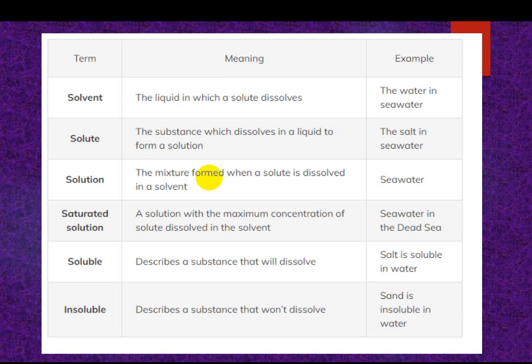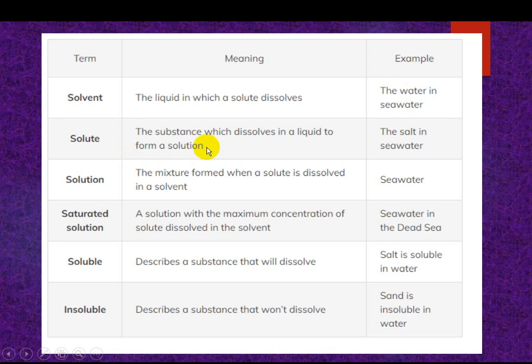Okay, these things I already taught. The solvent is the liquid in which a solid dissolves. Like in seawater, the water is the solvent.